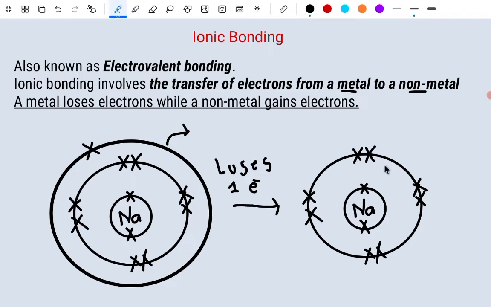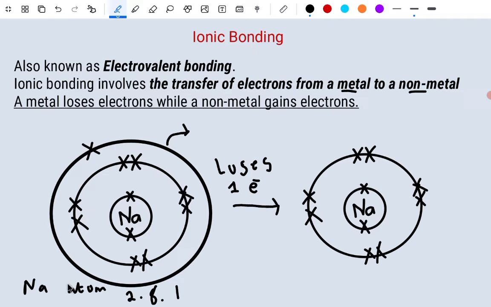What is this called after it has lost this? This is the original sodium atom, and it has the electronic configuration 2 8 and then 1.